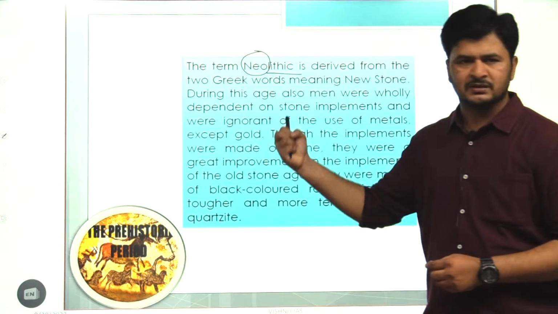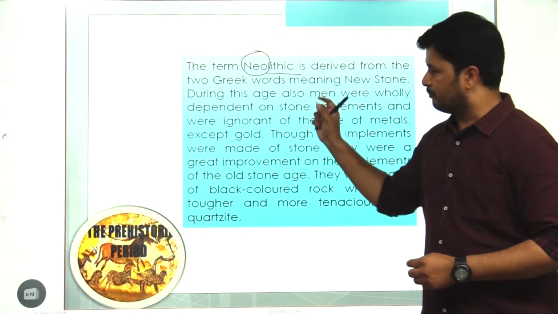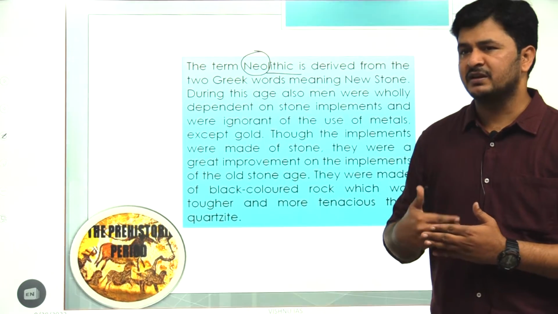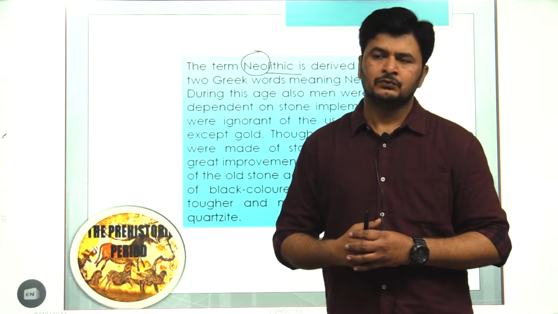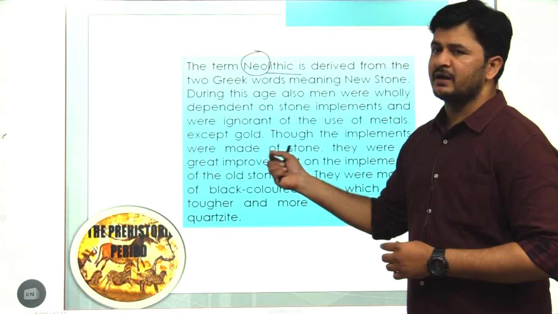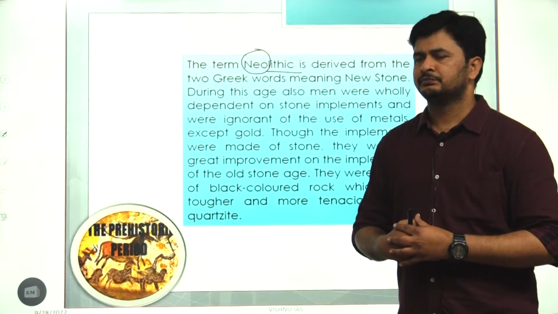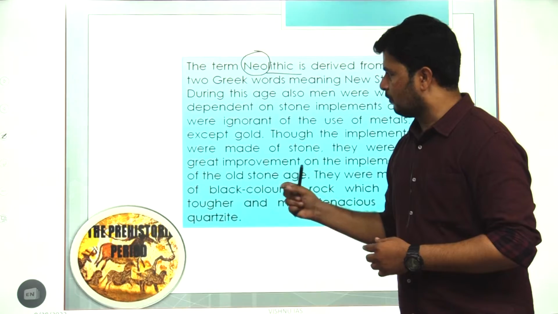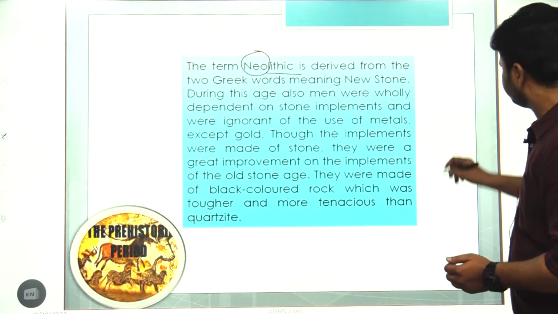By the time of Mesolithic, smaller in size, sharp in nature, and by the time of Neolithic, further smaller in size, further sharper in nature. No doubt, all tools were made of stones only.